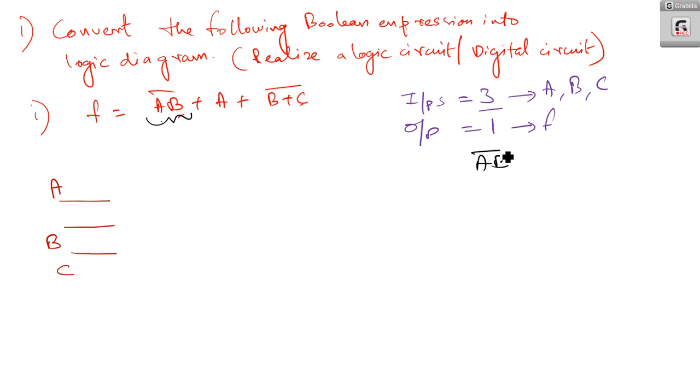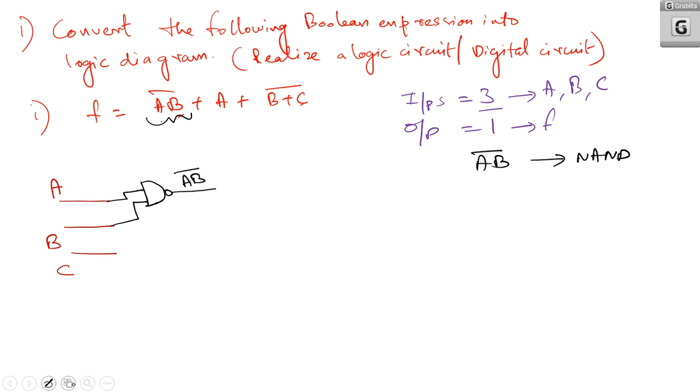A B bar can be formed with the help of NAND gate. Okay. So you form a NAND gate with A, B. So you get A B bar. Okay. So A B bar is ready.